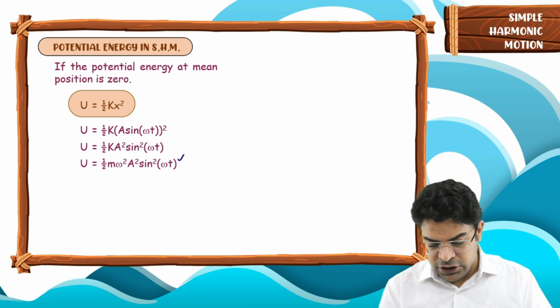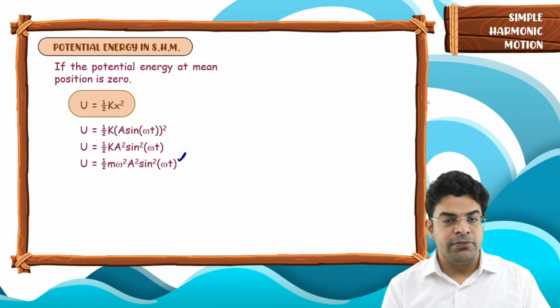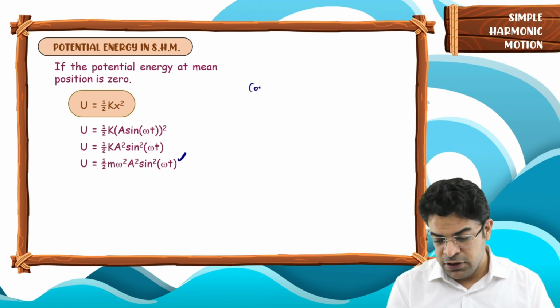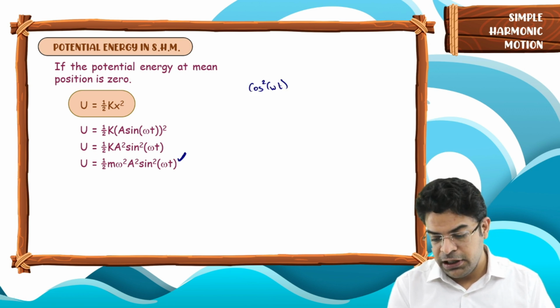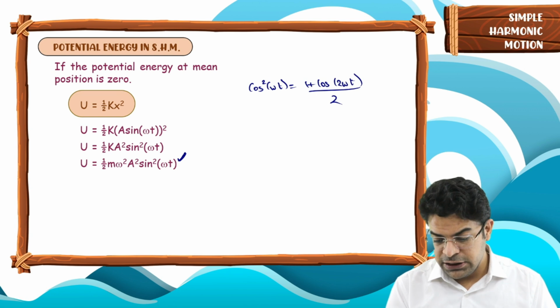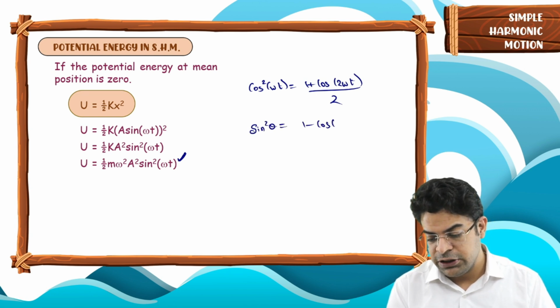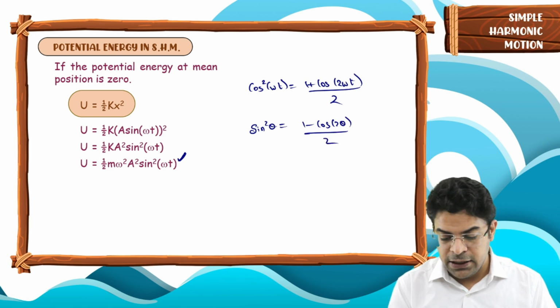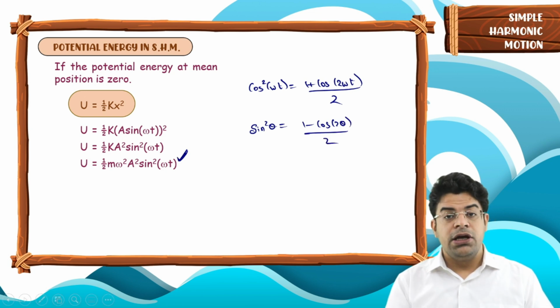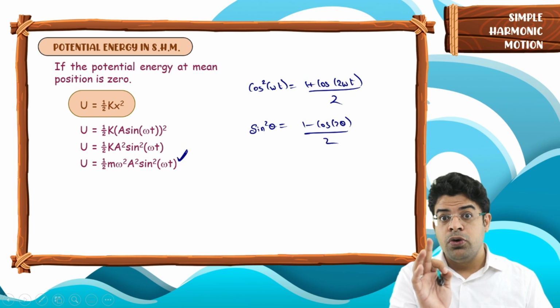Now what should we do with this sine square omega t? Just the way last time we wrote cos square omega t equals 1 plus cos 2 omega t by 2, here, using the formula, sine square theta can be written as 1 minus cos 2 theta by 2. I will write in place of sine square omega t, 1 minus cos 2 omega t by 2.